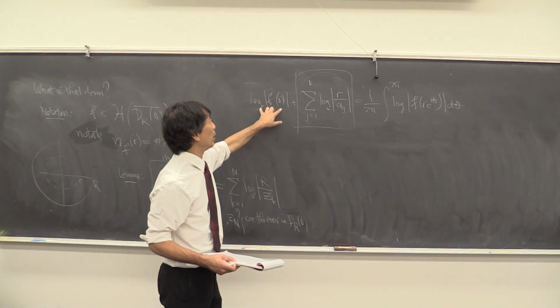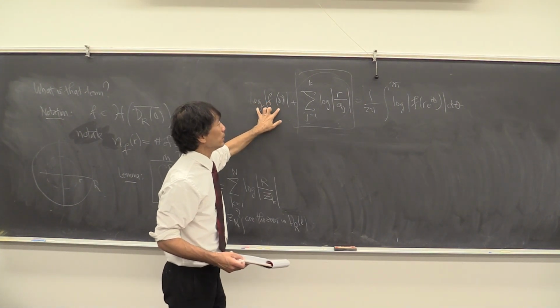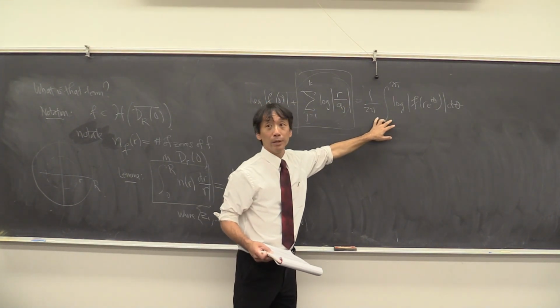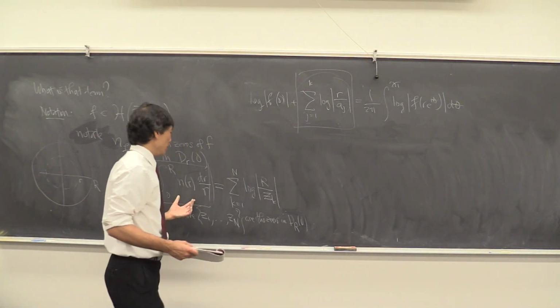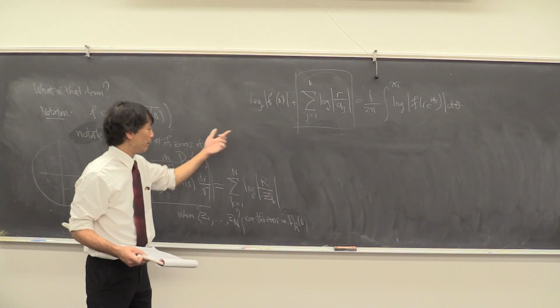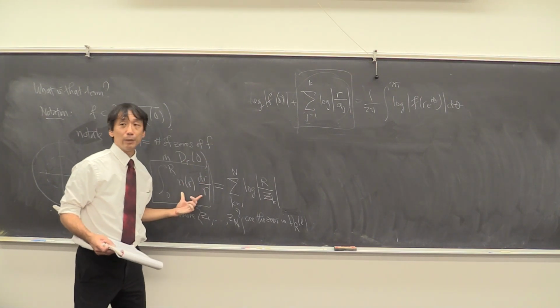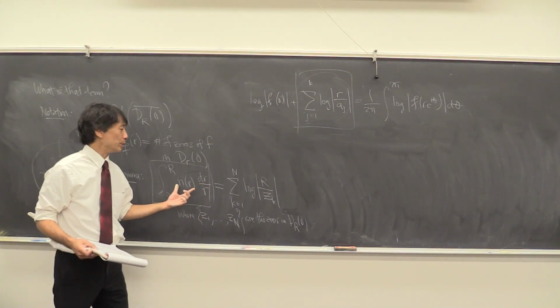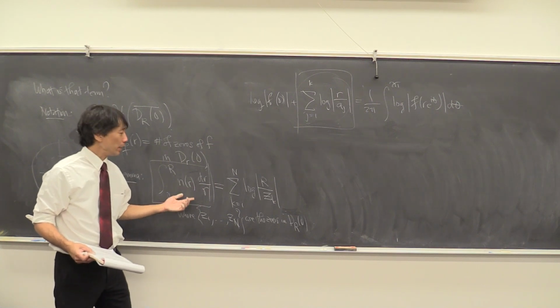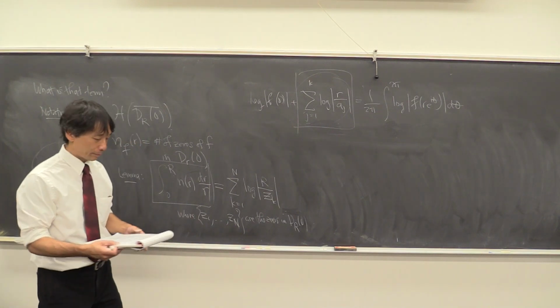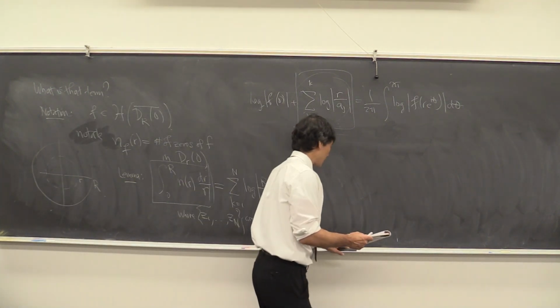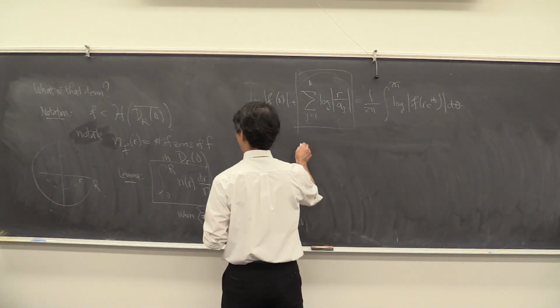Jensen's inequality tells us that this is less than or equal to that, and how much bigger the right side is than the left side actually measures how many zeros you have in the disk, integrated against dr over r. Okay, so let's prove that.